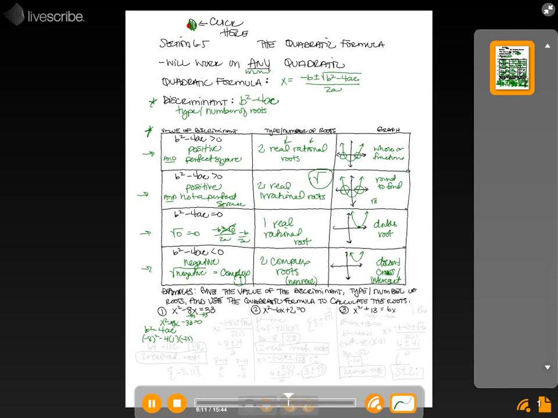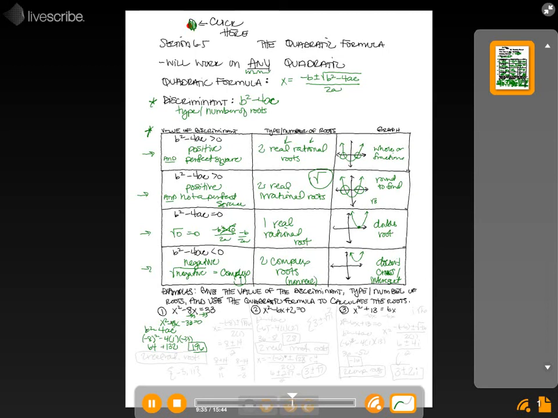Negative 8 squared, and this is important that you realize this, negative 8 squared is 64, positive 64. Minus 4 times 1 times negative 33, well, minus 4 times negative 33, that's going to be a big number. 132, so we get 64 plus 132, and when we add those together, we get 196.